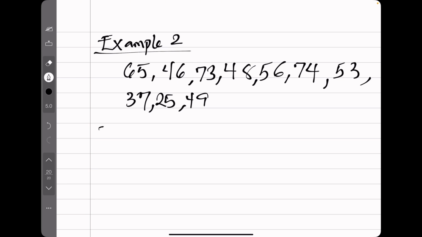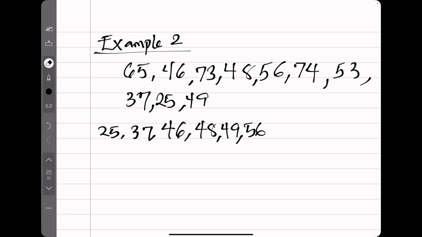We will say it is 25, followed by 37, followed by 46, followed by 48, followed by 49, followed by 53, followed by 56, followed by 65, followed by 73, and followed by 74. Finally, 1, 2, 3, 4, 5, 6, 7, 8, 9, 10.